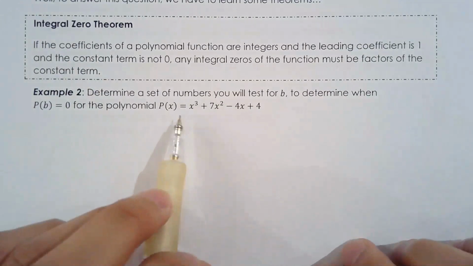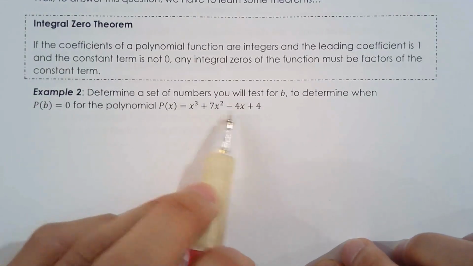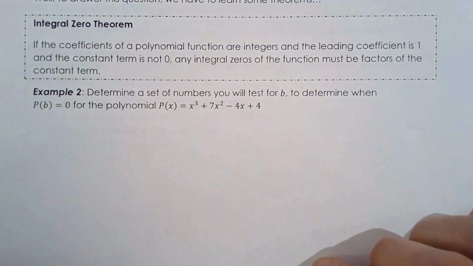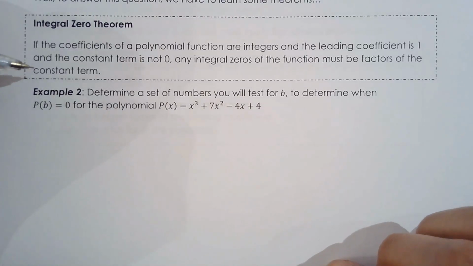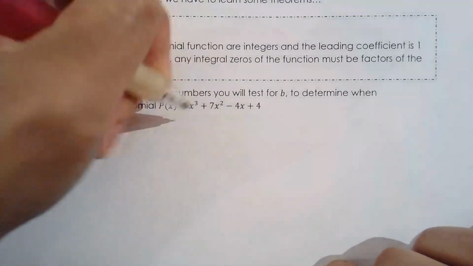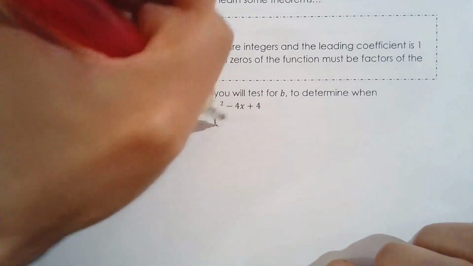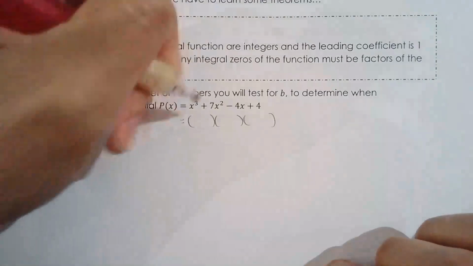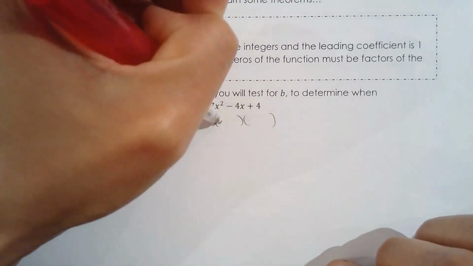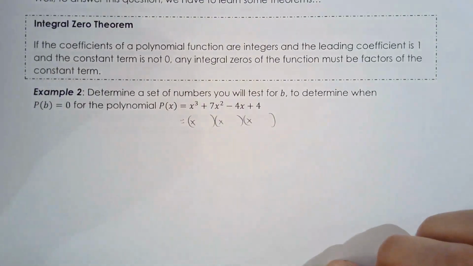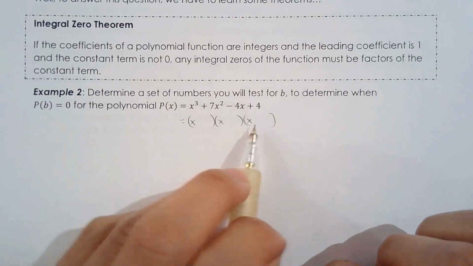Okay, so we have x cubed plus 7x squared minus 4x plus 4. By the way, I'm not saying it is factorable, okay? But let's assume it is. If it is, my three factors here will be, let's say I can break it into three linear factors, x something, x something, x something.